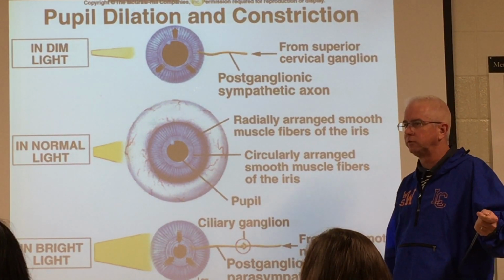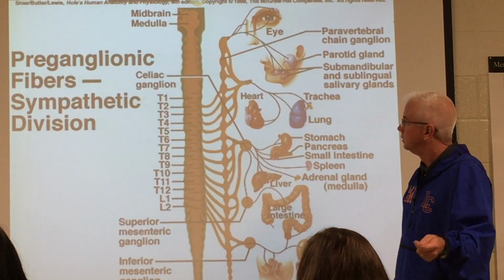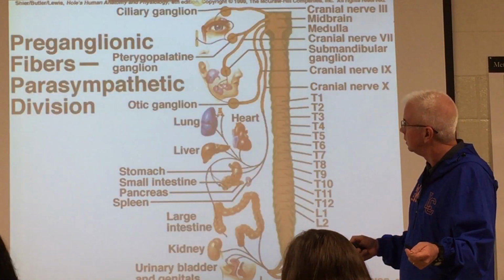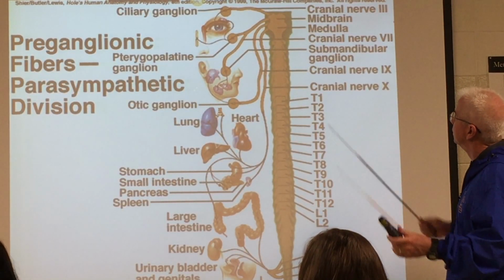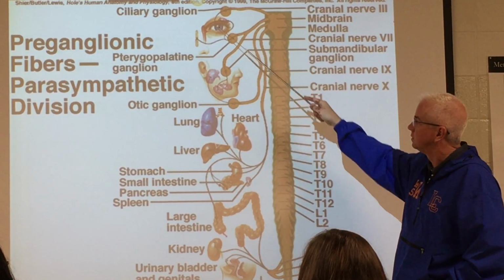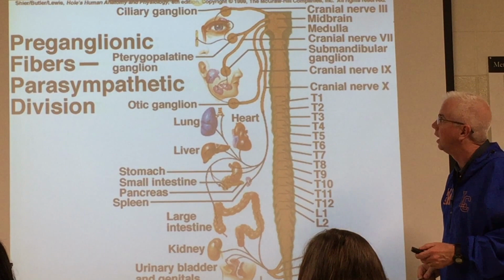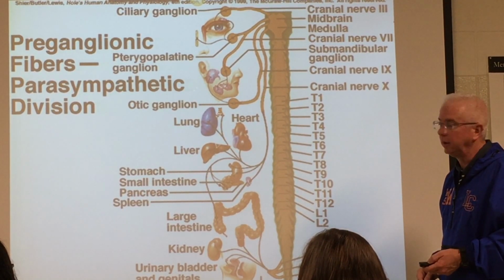Which of those cranial nerves goes to the eyes? 3. Right. So in the parasympathetic piece here, you can see shown up here cranial nerve 3 and its innervation of the eyes. Specifically, what part of the eye here are we talking about? Well, we're talking about the constrictor layer.